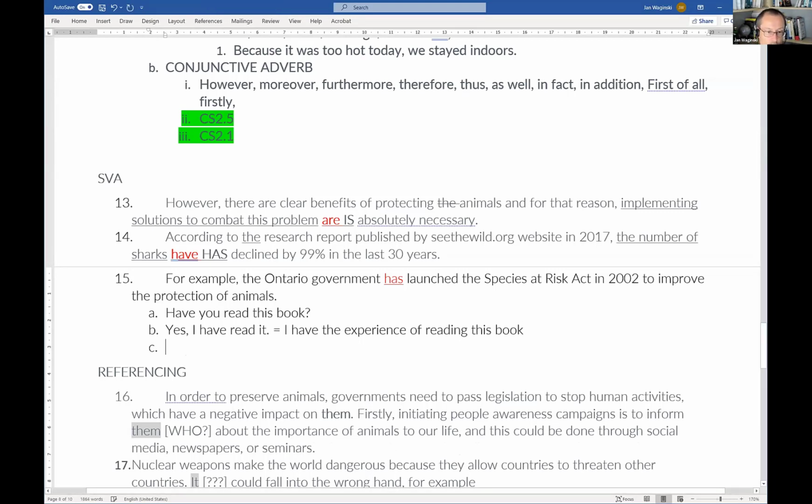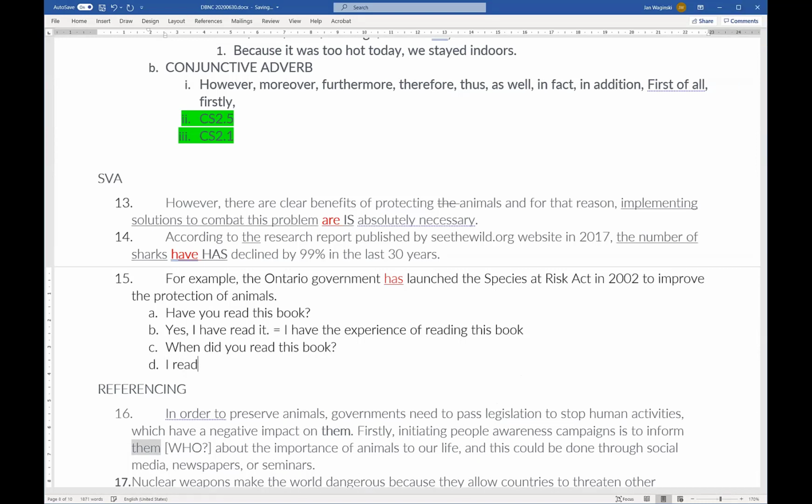But then the follow-up question is, when did you read this book? I read it last year. So if I mention a specific past time, just use past simple. Specific past time, past simple.